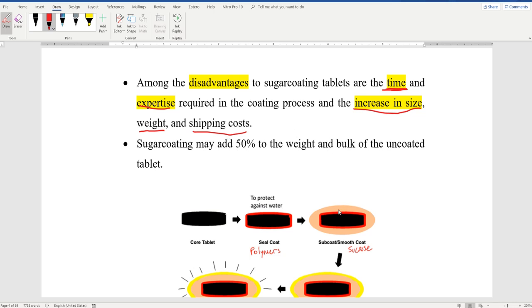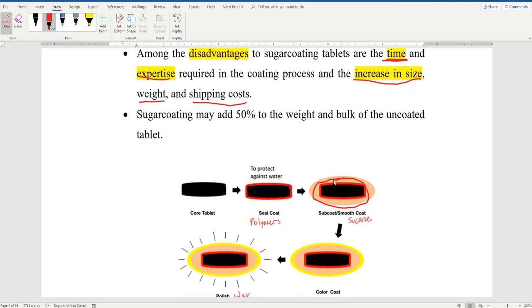The weight increase because of this sugar coat can be about 50% of the weight. So 50% of the tablet weight will be sugar coat. It's like you are doubling the weight of the tablet.